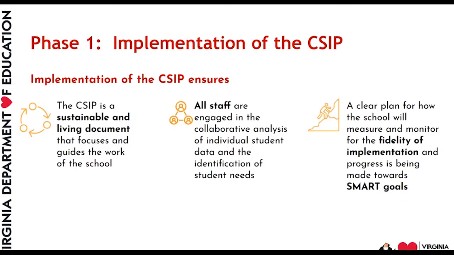In your implementation, right, that's the plan. It's the clear plan for how you're going to measure and monitor that fidelity. So we saw that in the chat, right? So you've written this plan and we want to make sure as we're implementing it, we're doing it with fidelity so we can determine, are we making progress towards our SMART goals, right? So that's that implementation piece, making sure you've got all those components there.